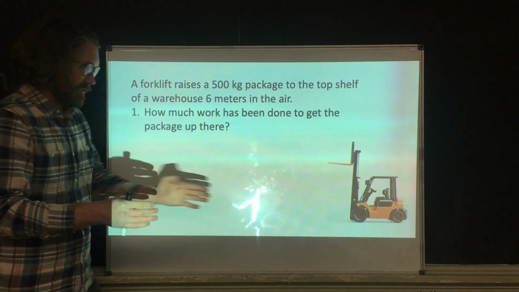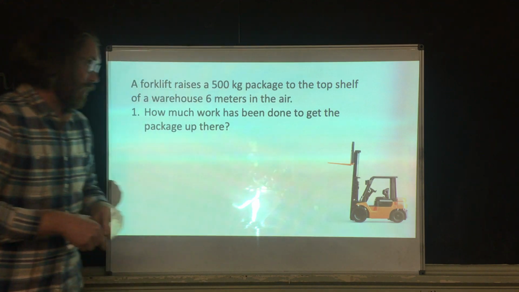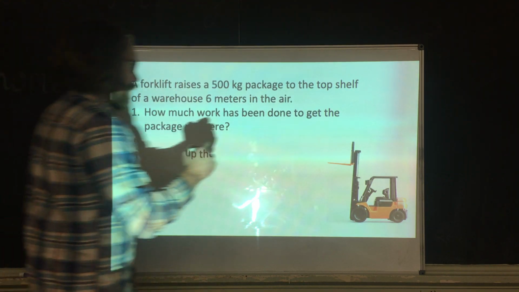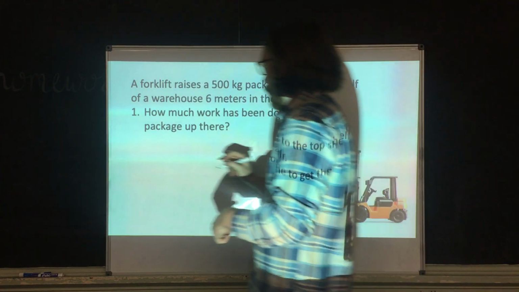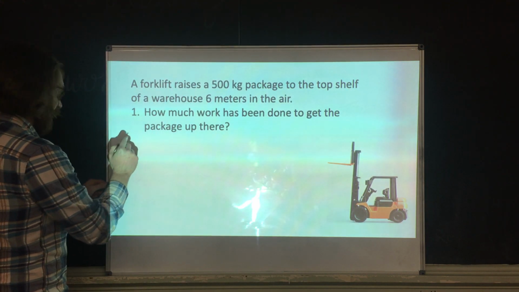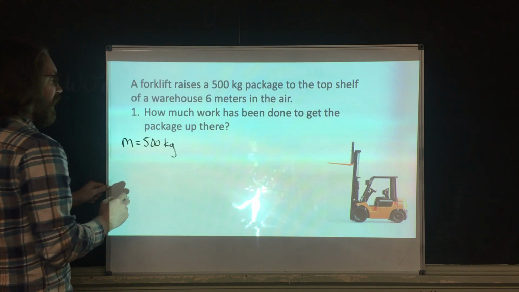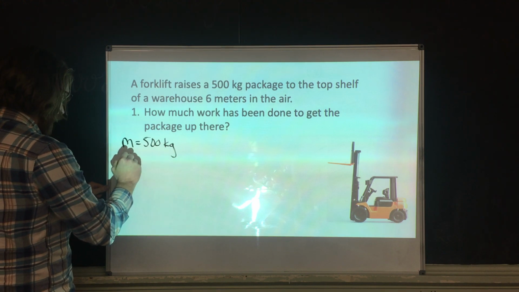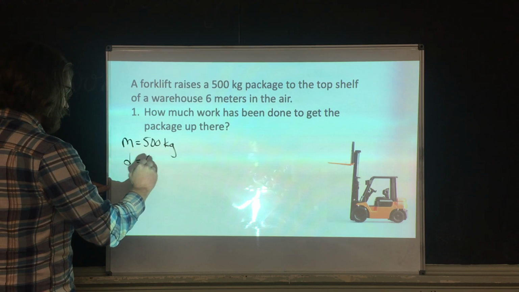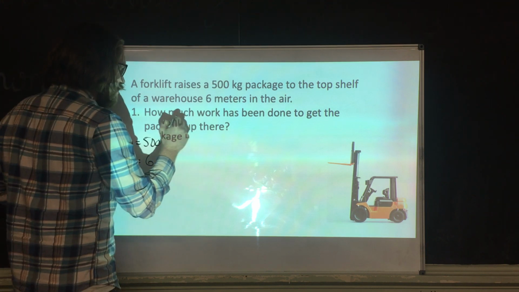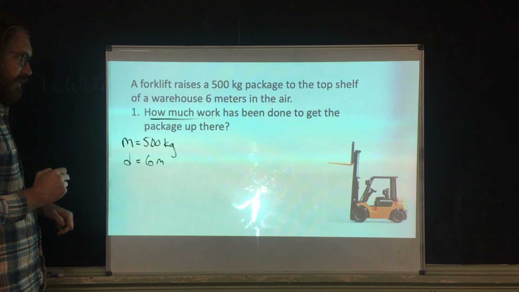So we're taking this box, and this forklift is lifting the box up off the ground. So what do we know about the package? We know that the package has a mass of 500 kilograms, and we know the distance above the ground that we're lifting it is 6 meters, right? We're trying to find how much work is done on the package.